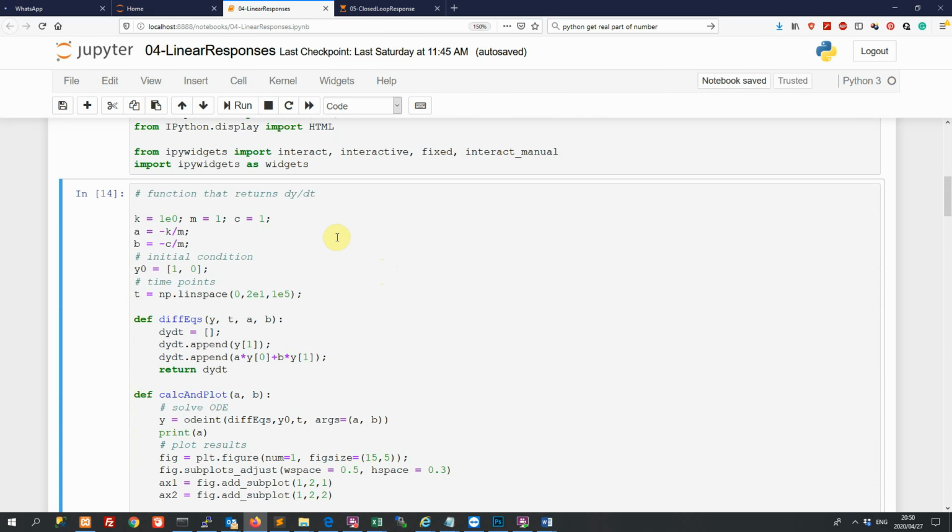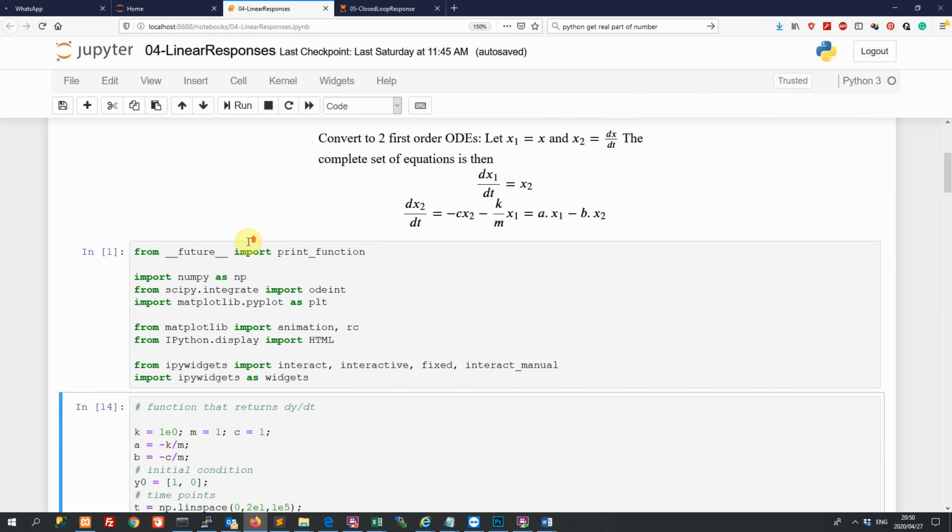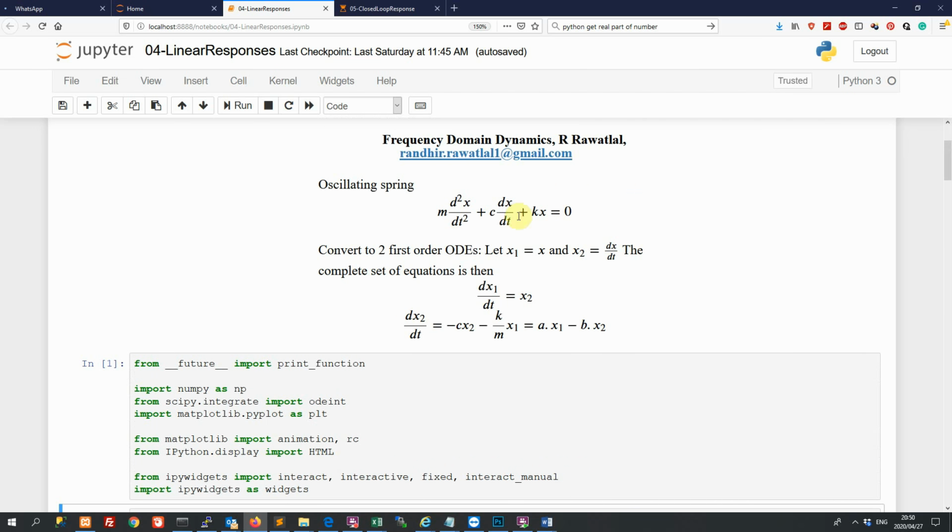So here we are looking at this oscillating spring example. The mechanical engineers like this type of example. For your oscillating spring, if you have no friction, then C is 0, and you have the second order related to the 0 order.